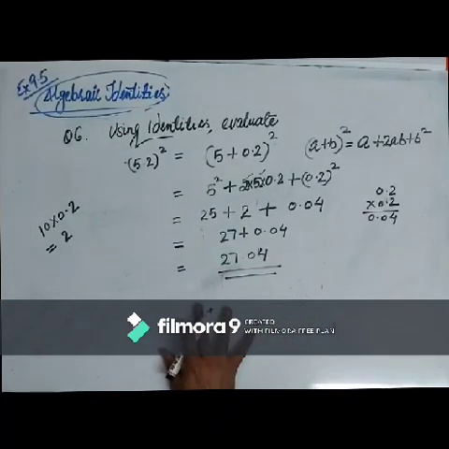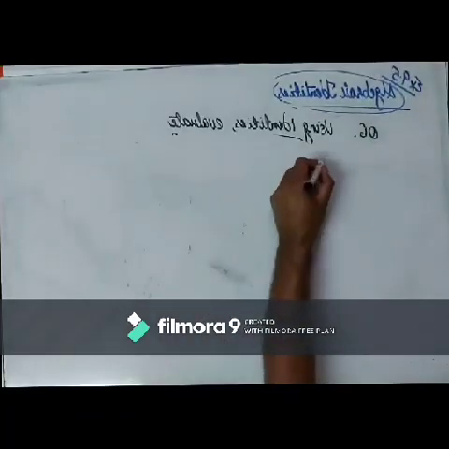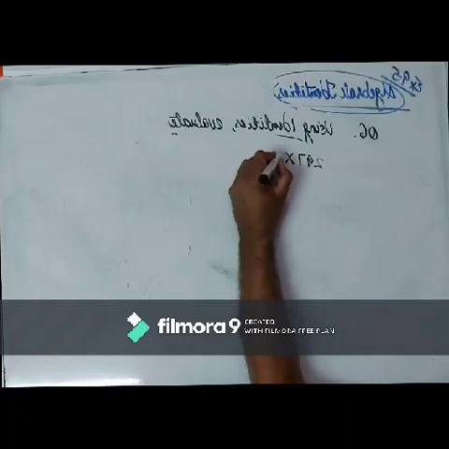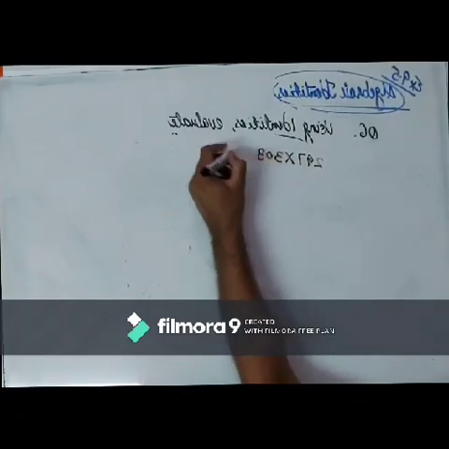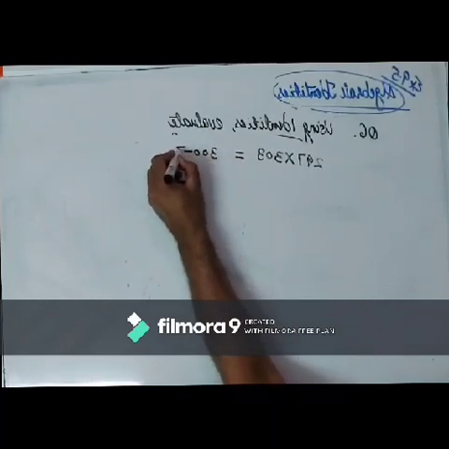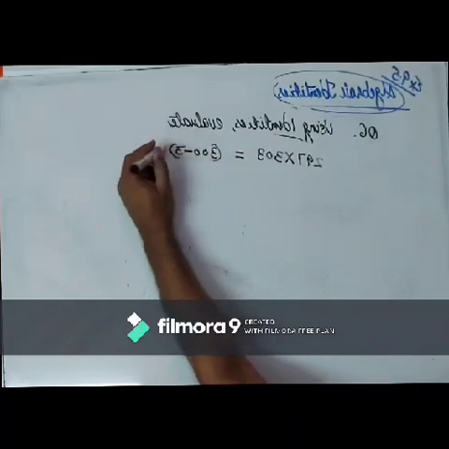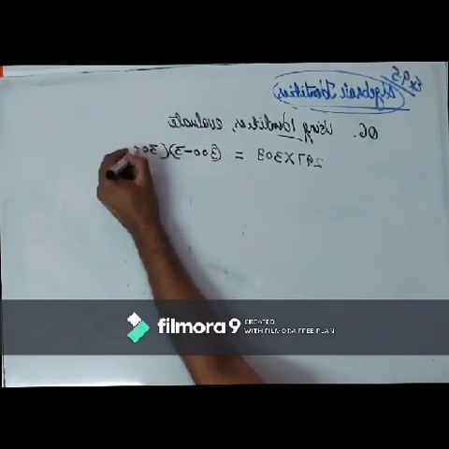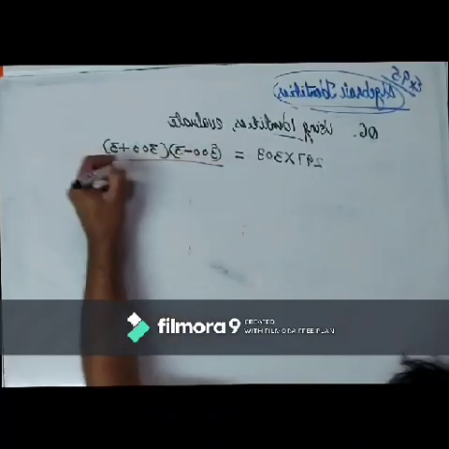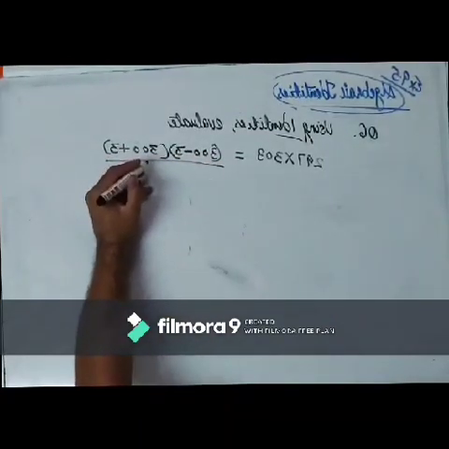This is how we perform. Another one, 297 into 303. So this can be rewritten as 300 minus 3 into 300 plus 3. So what is this reminding you of?